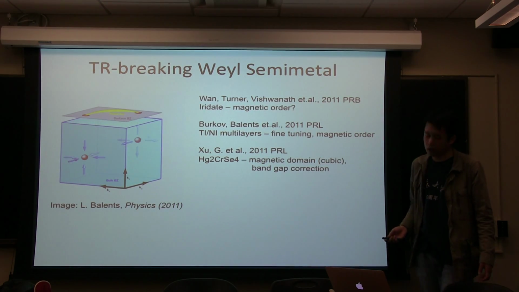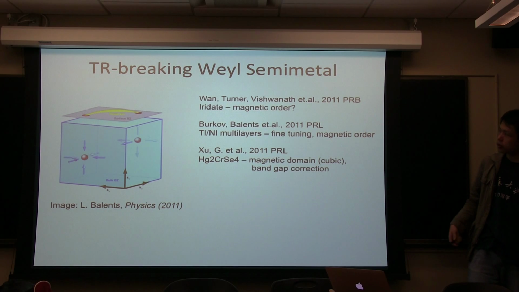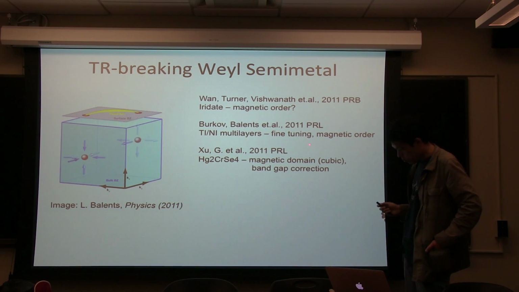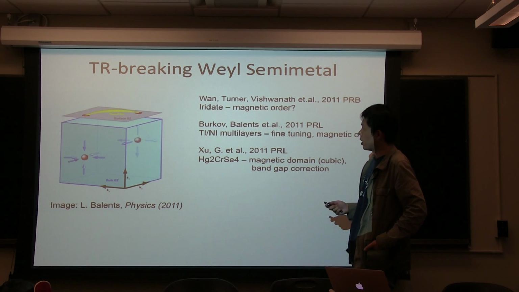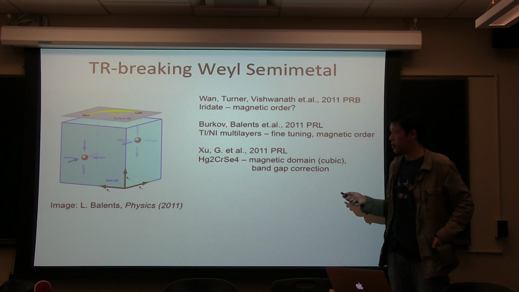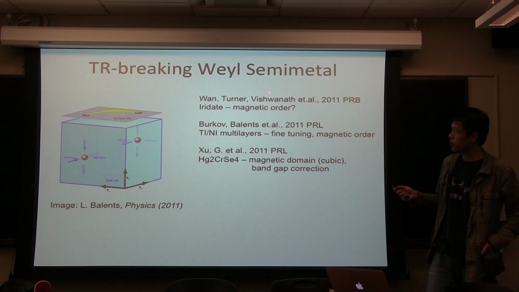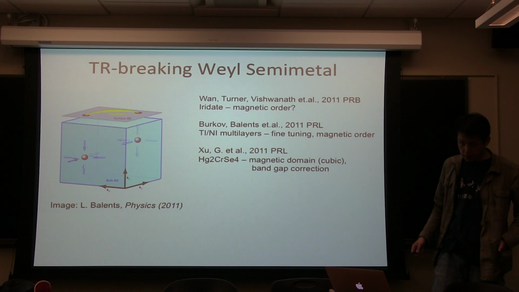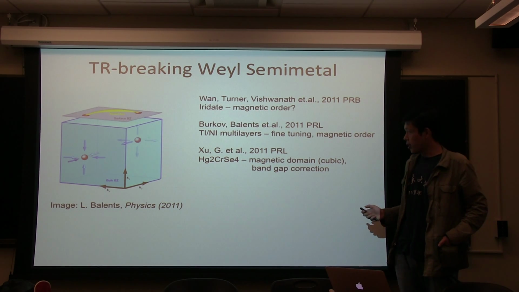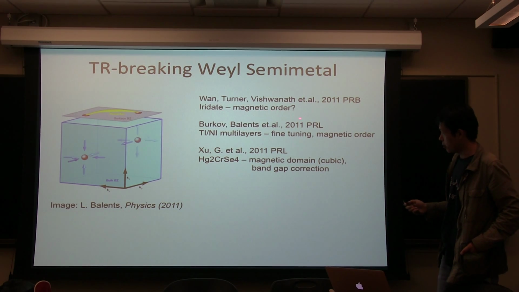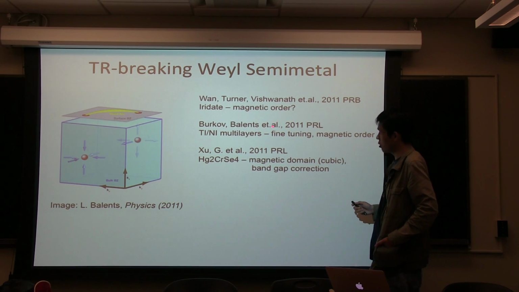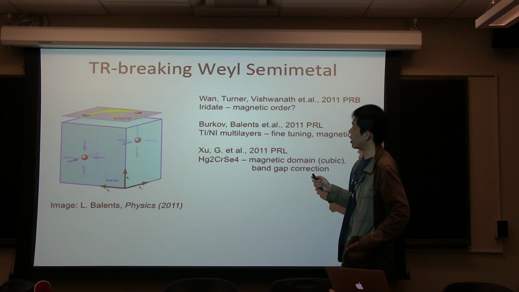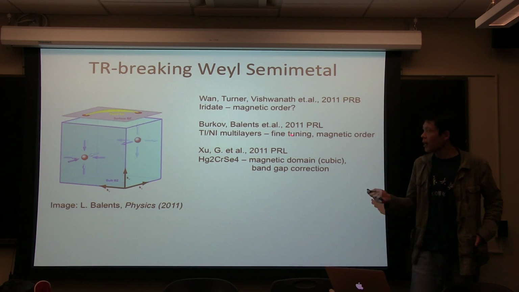So then let me talk about some of the theoretical proposals before our work. The first Weyl semimetal material proposal was by Wan, Turner, Vishwanath, and collaborators in 2011. They found that in certain iridates, if they assume some sort of magnetic ordering, then they predict there will be a T-breaking Weyl semimetal phase.